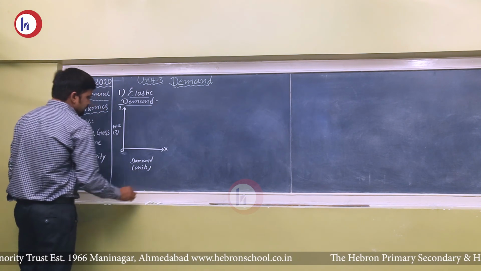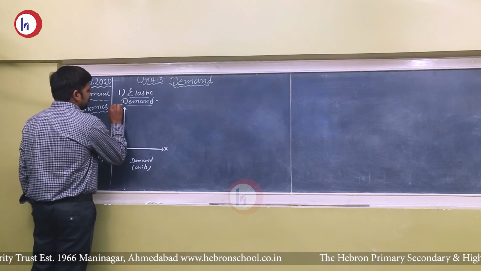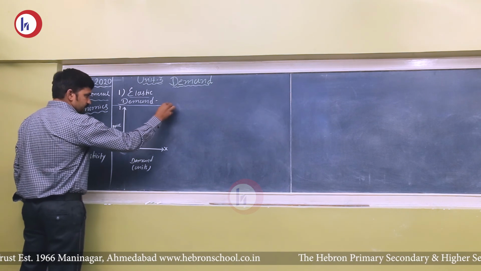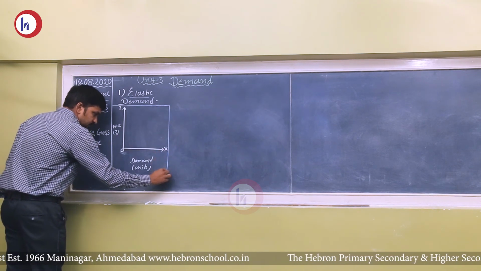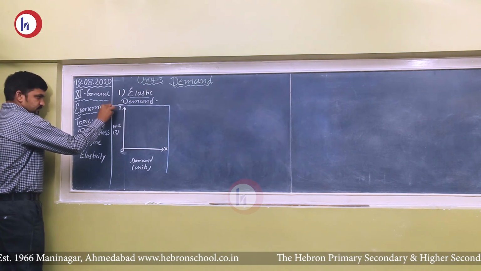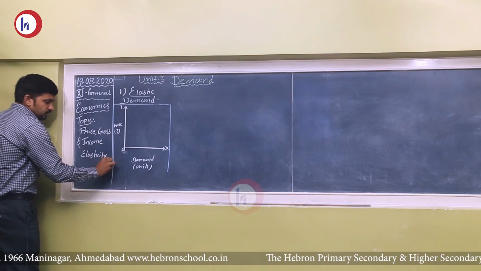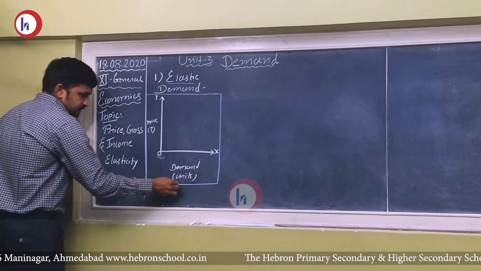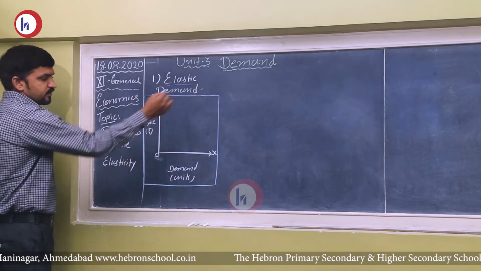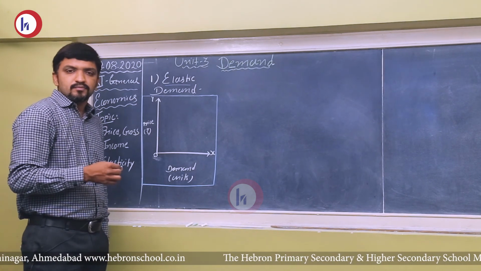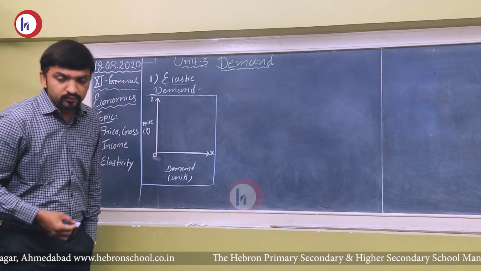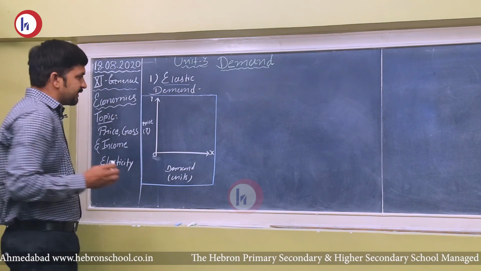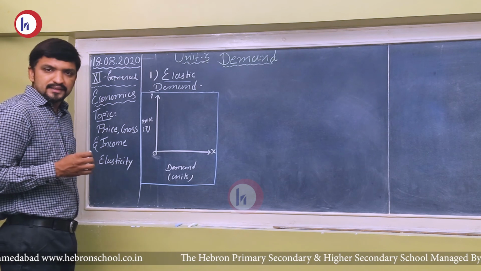And as it was decided, whenever a figure is to be drawn, after the completion of your figure, just try to draw a box. First, it will differentiate the figure from the other figure, and number 2, it will be treated as a sign of good presentation. So now, on x-axis demand, on y-axis we have price.